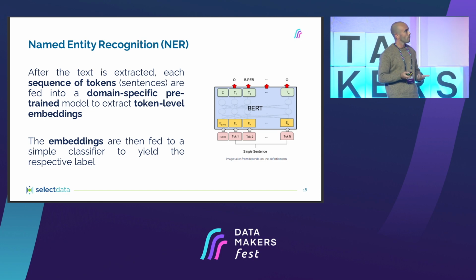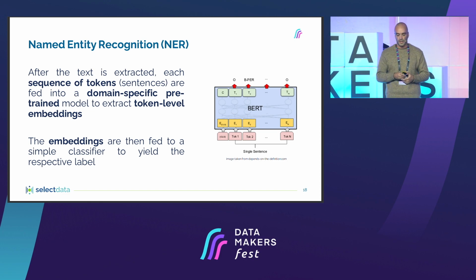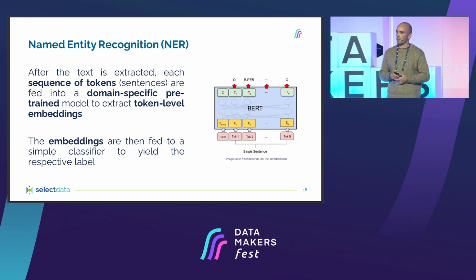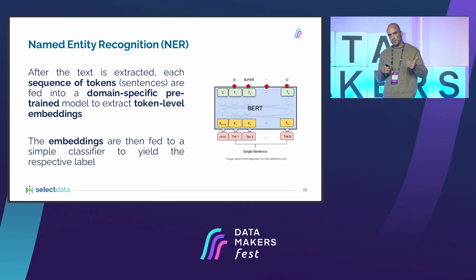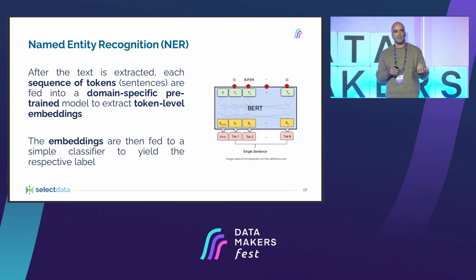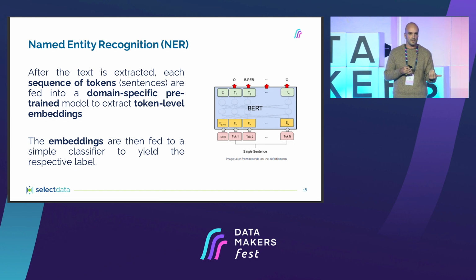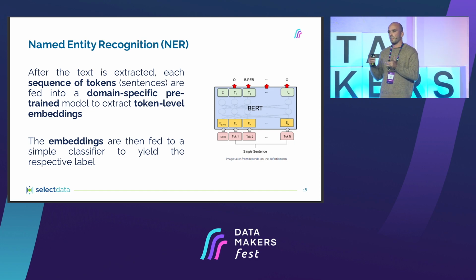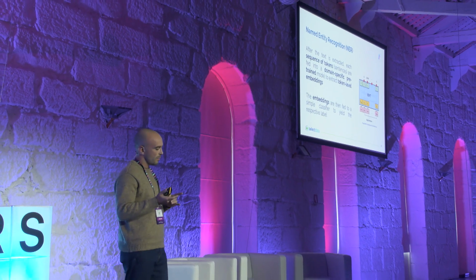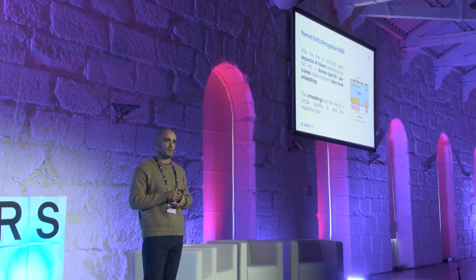And how does it work? As I mentioned, we are doing essentially token classification. We have the text that was extracted from the image. This text is further split into sentences, and then these sentences are fed into our model, which extracts token-level embeddings.